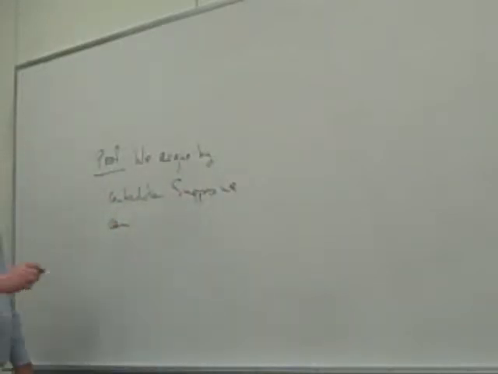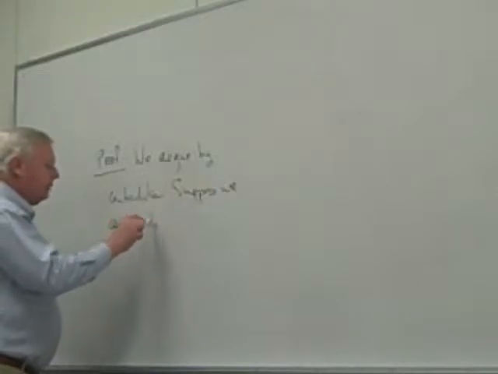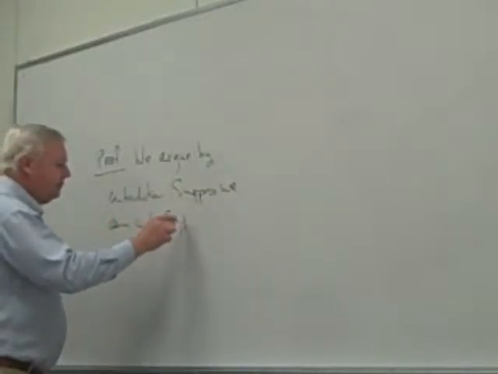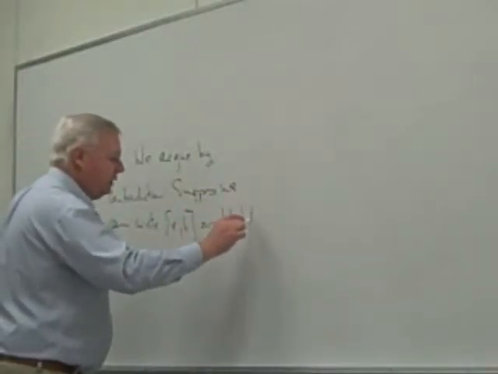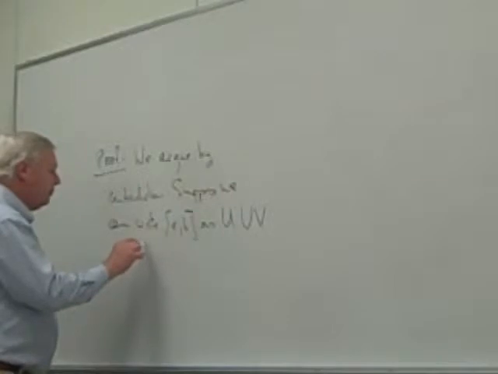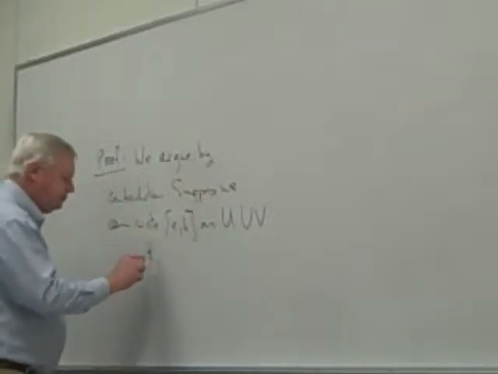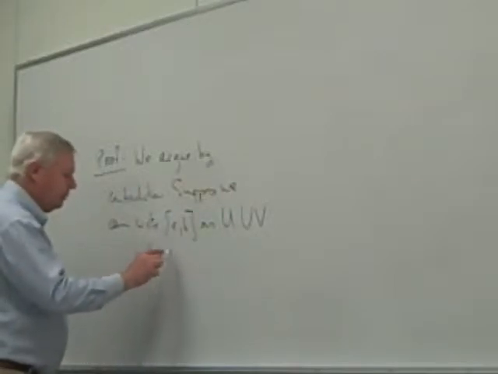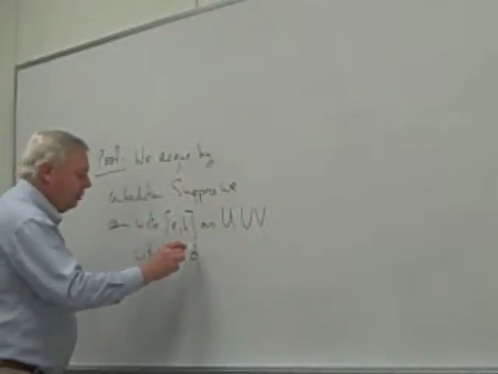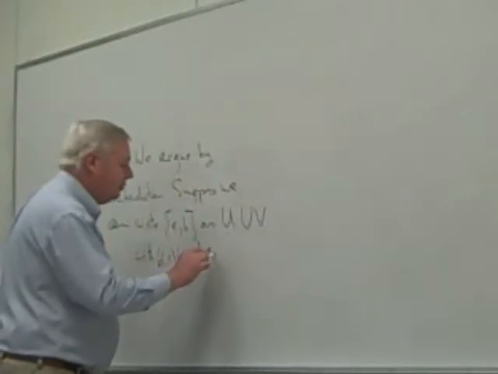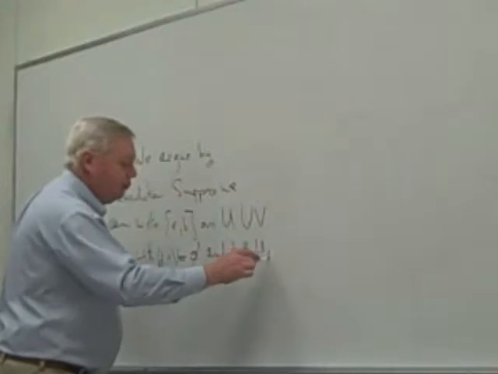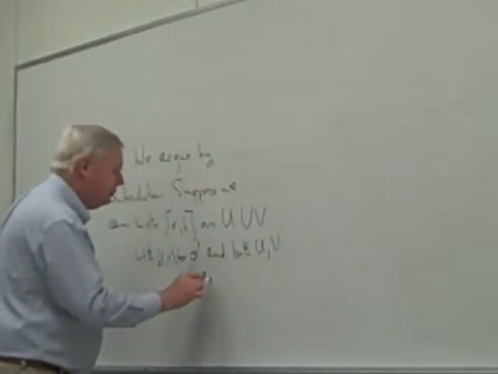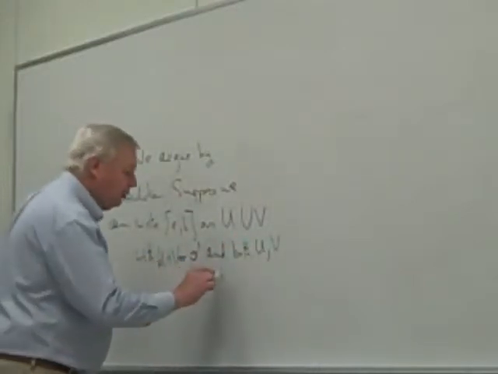Suppose we could write this closed interval A to B as U union V, where their intersection is empty and both U and V are non-empty.